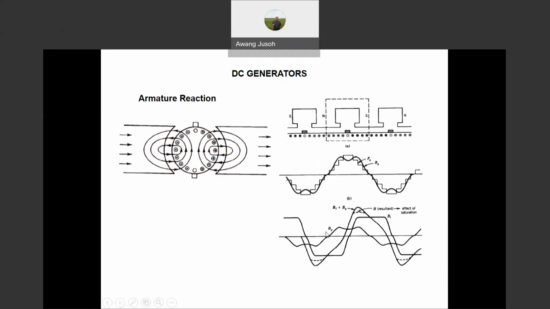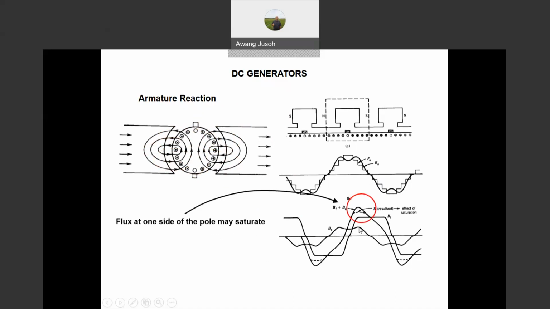Okay, you can see that. So BA stands for the flux from the armature current, that comes from here. And BF is the flux from the main field. The resultant, you add these two, you get the flux BA plus BF. So this will disturb the main flux there.